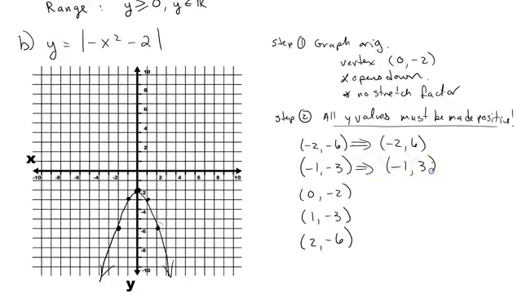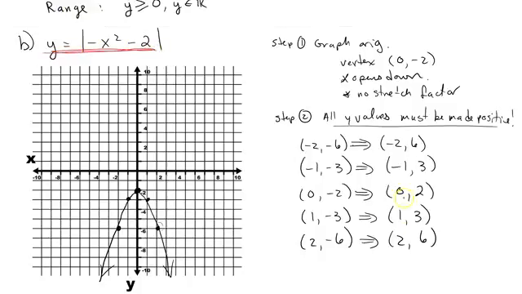-1, 3. Now I just want to make note, you can have negative x values. That's not what we're getting at here. We just can't have negative y values. 0, 2. 1, 3. And we have 2, 6. Alright, so I'm going to draw this in red, just to be consistent.